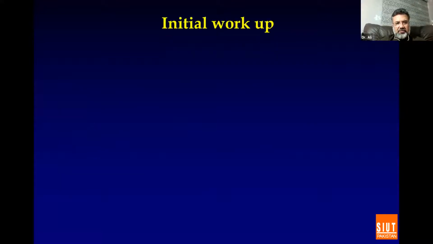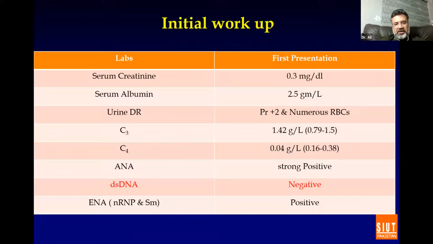So her initial workup luckily showed normal renal function, and a low albumin of 2.5 grams. In her urine, she had an active sediment and 2+ protein. Serum complement levels were normal in C3, C4 was slightly low. ANA was strongly positive, but double-stranded DNA was negative.